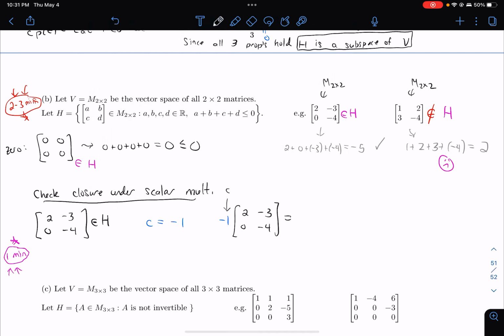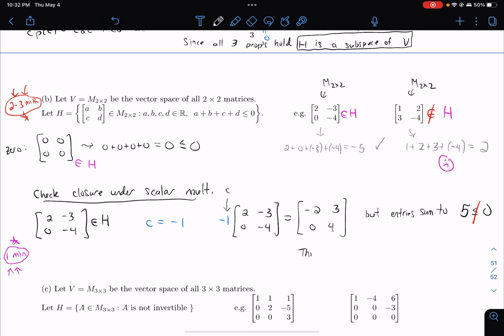Well, it'll switch the signs of the entries: -2, +3, 0, +4. But now if I add the entries, what do they sum to? The entries sum to +5. And +5 is not less than or equal to 0. So it doesn't satisfy this condition.